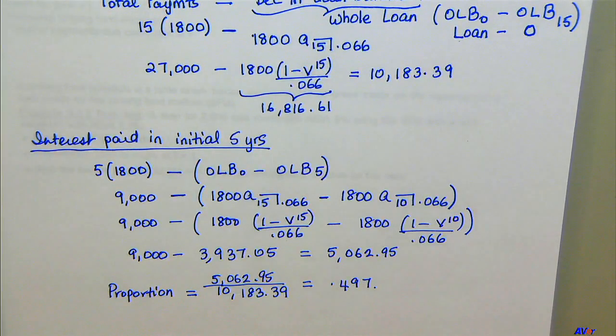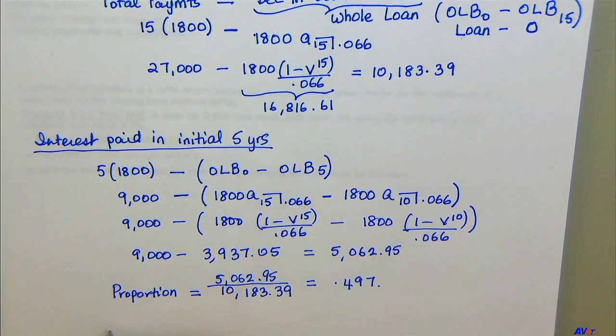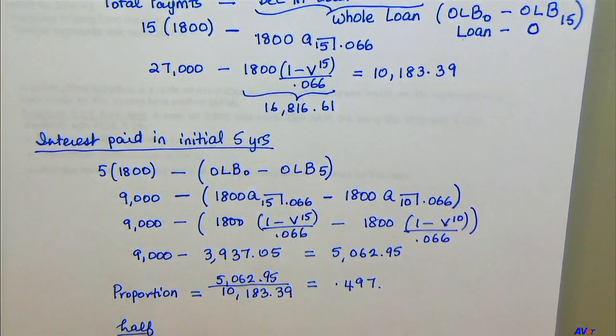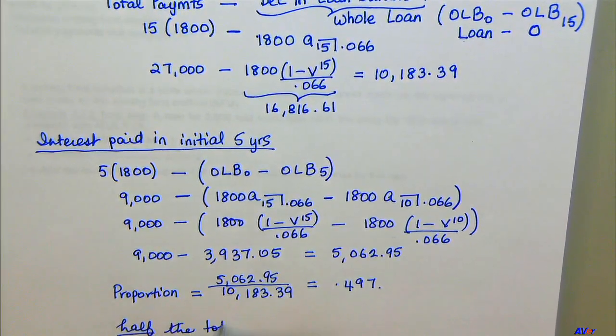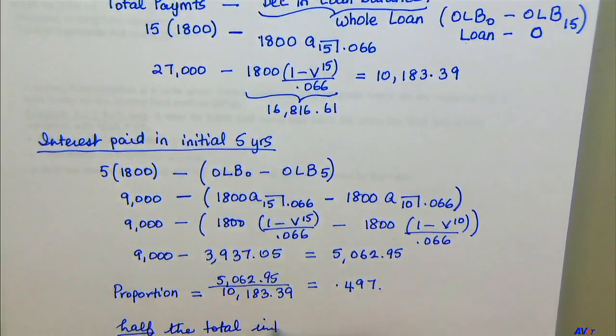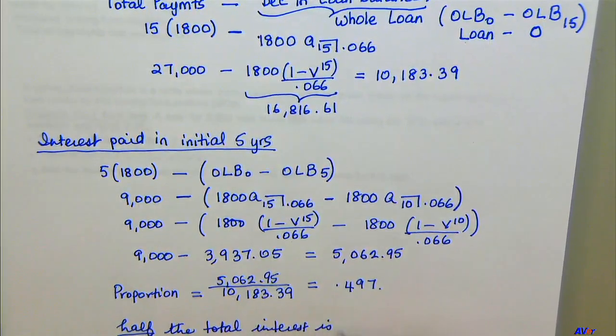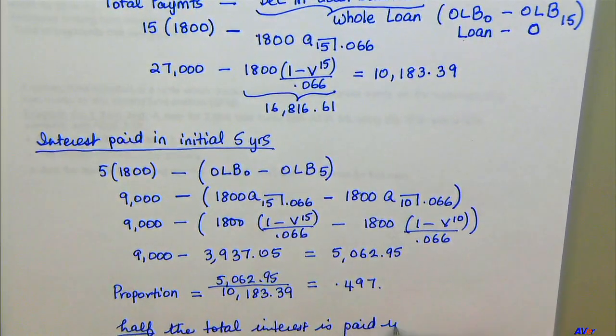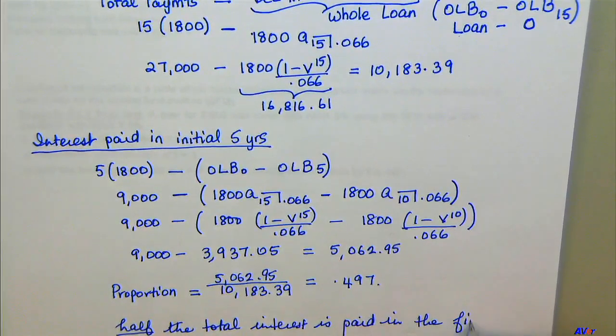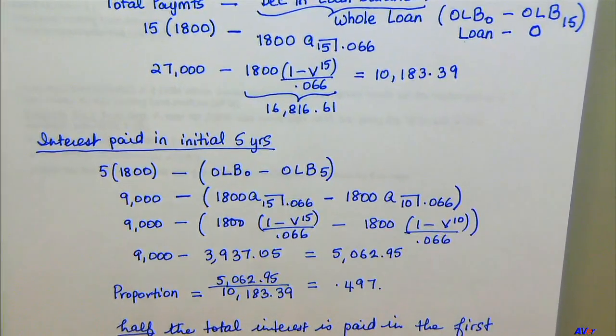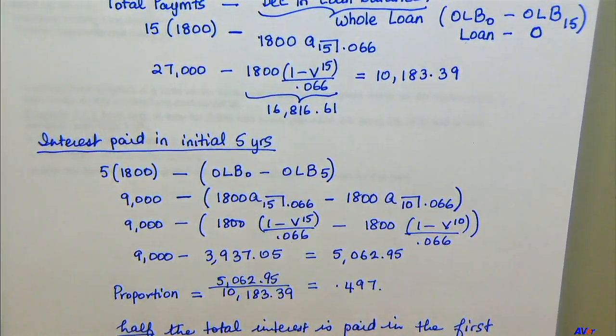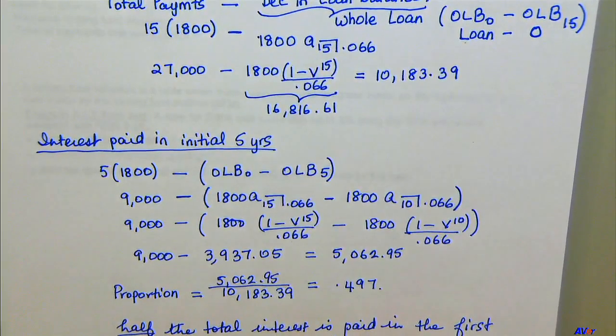Something to consider if you refinance, right? In the first few years you're going to be paying the majority, 50%, of the total interest. So let's write it: half the total interest is paid in the first third of the loan's term.